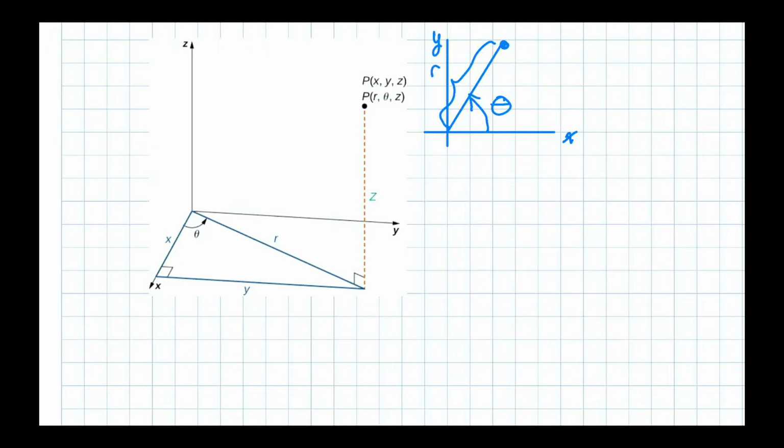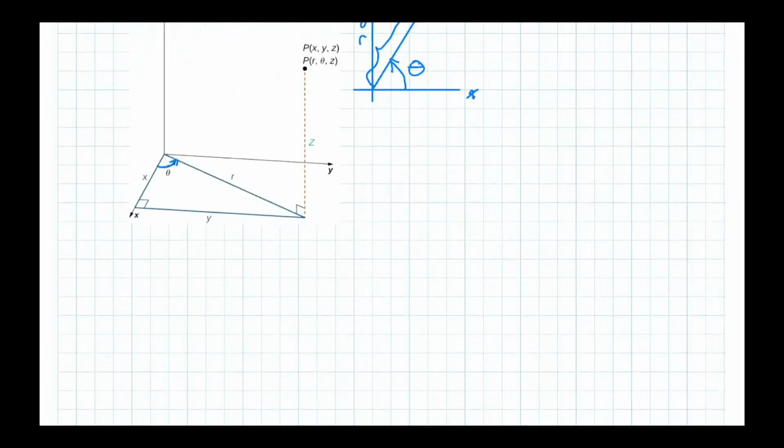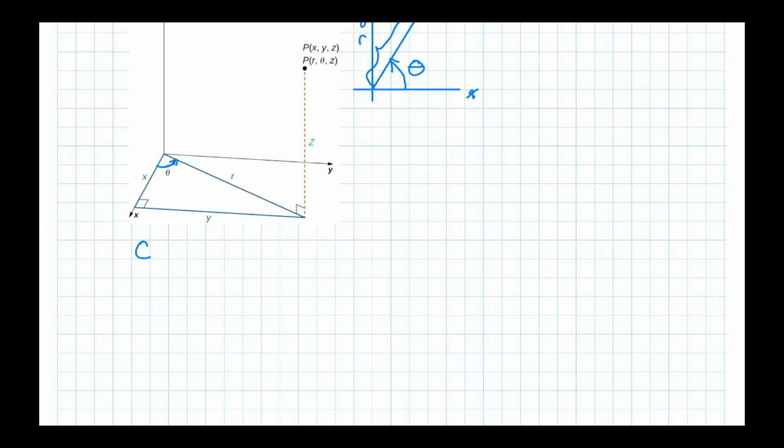That's the same theta that I drew over here. This is the xy plane, and the ground is the xy plane. So x is here, y is here. That theta is that theta, that r is that r. And then because we're in 3D space, we need some way to represent the height. So we just use the regular z variable from xyz. And that's cylindrical coordinates. So this is just a picture of cylindrical coordinates.